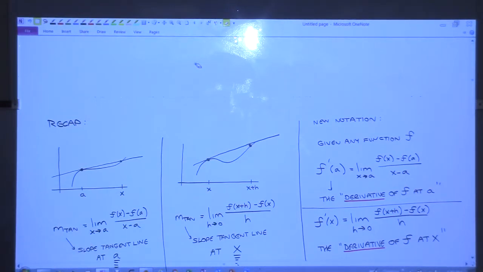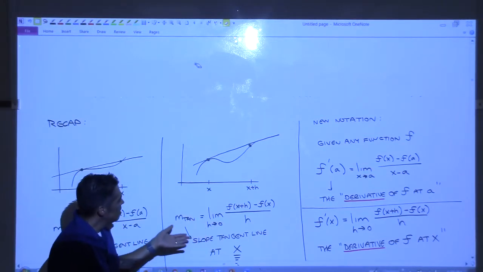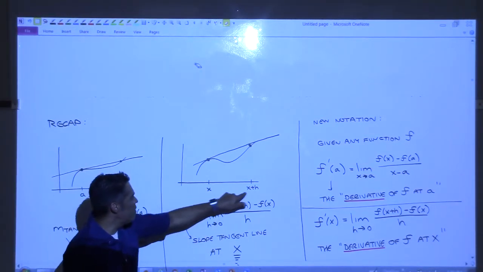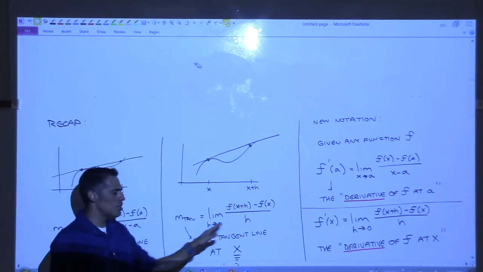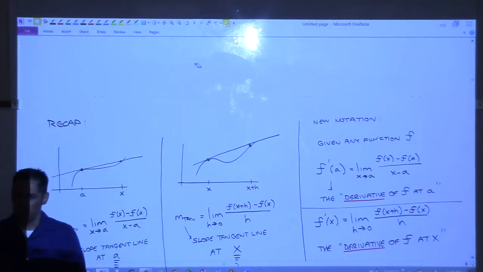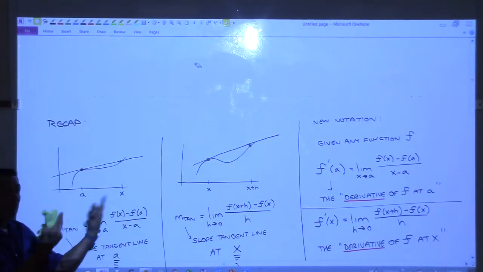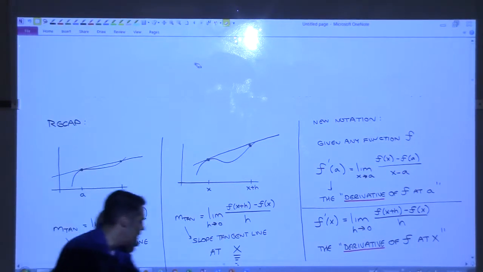And then towards the end of the class I said, all right, well, there's another way we could draw this picture where you kind of label these points a little different than here. And when you do that, the formula for the slope of your tangent line is going to look a little different. So we have two versions of the same thing. They both give you the same numerical quantity, which is the slope of the tangent line at that point.